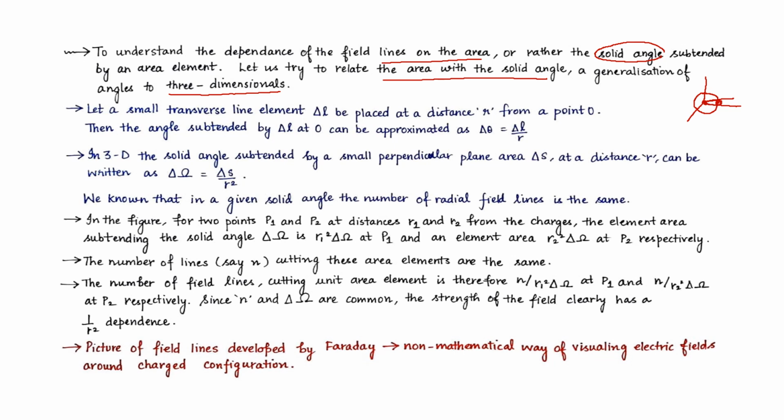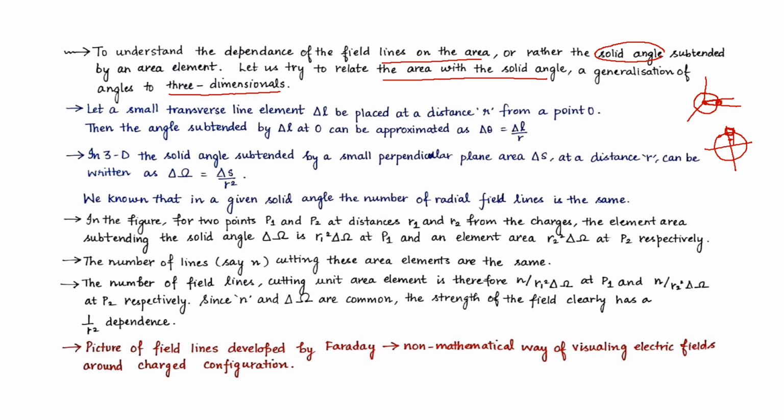Something like in 2D, for a circle we make a triangle to show the angle, but the same triangle with a circular top forms a cone-like structure that gives us a solid angle. A solid angle is a generalized angle for three dimensions.